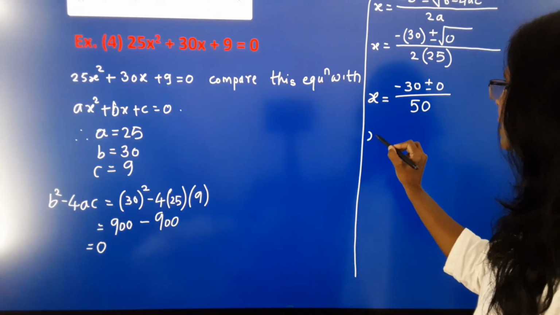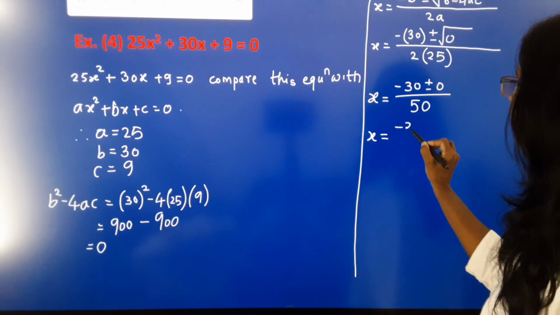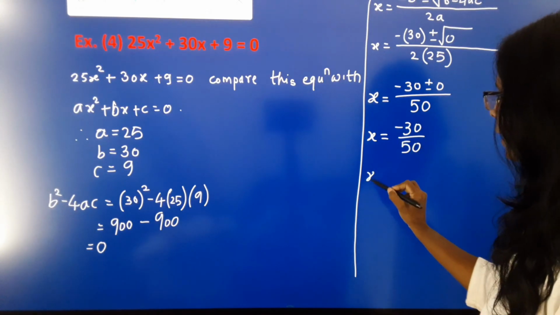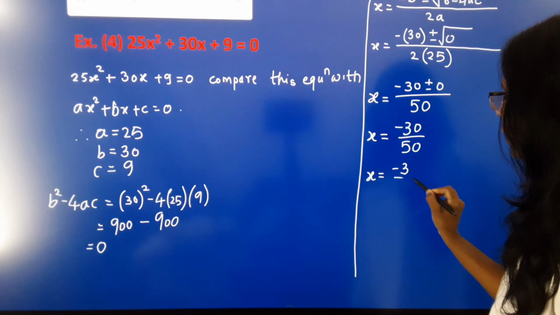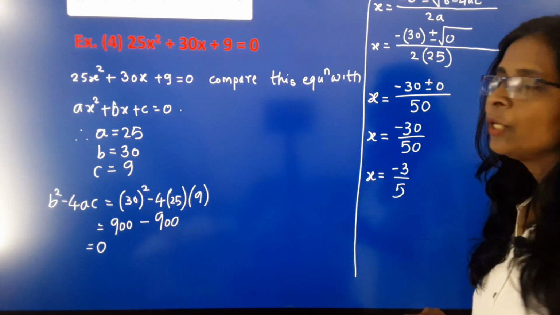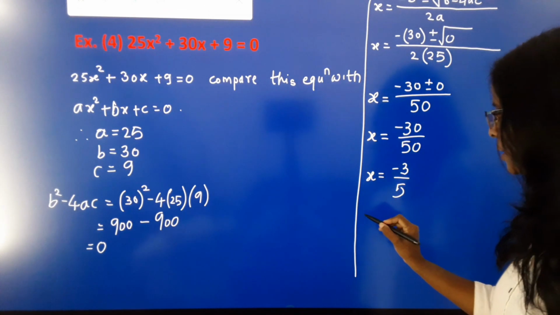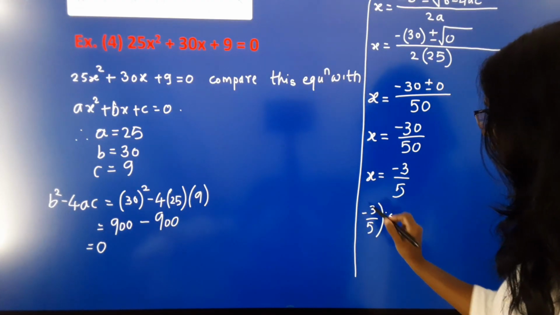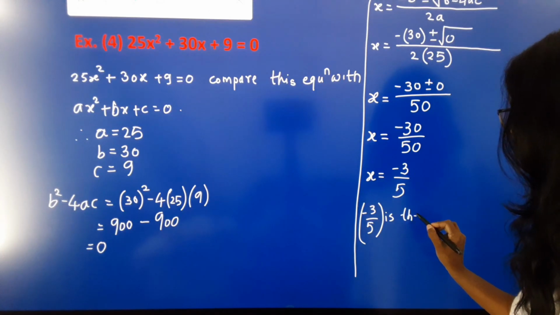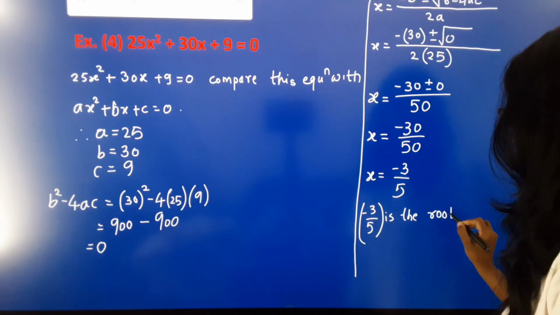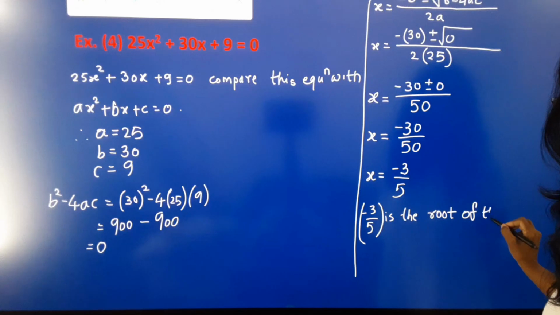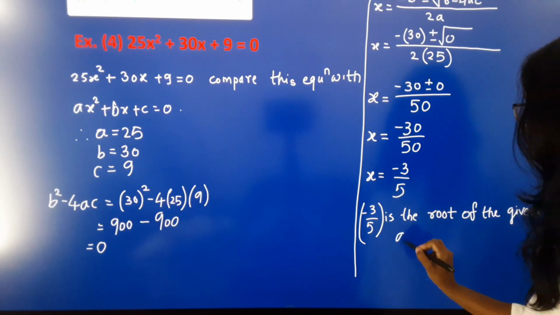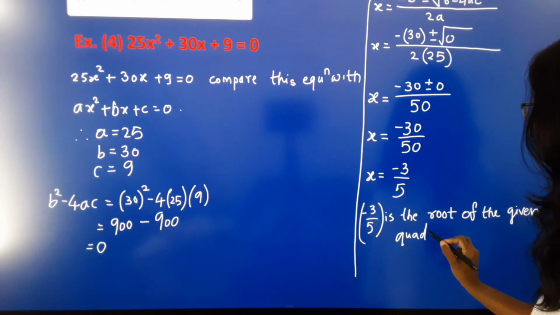So that means x is equal to minus 30 upon 50. So here x is equal to minus 3 upon 5. So we say that minus 3 upon 5 is the root of the given quadratic equation.